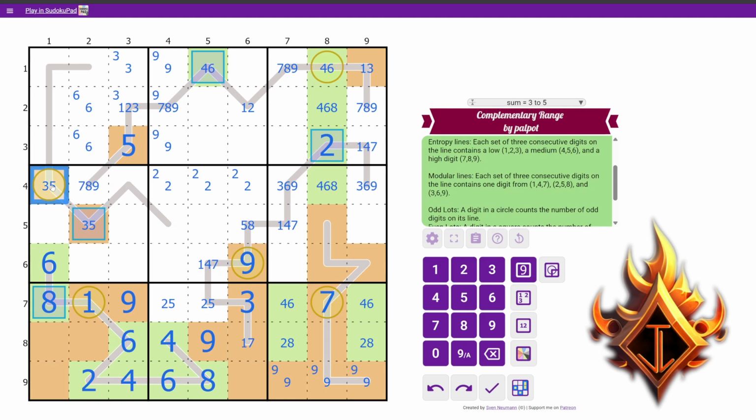If this is 5, and this is entropy, if this is 5, and it is modular, if it's 3 and it's entropy, an 8 could go there.